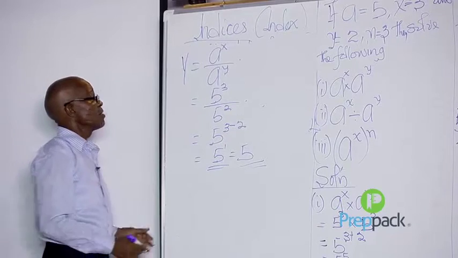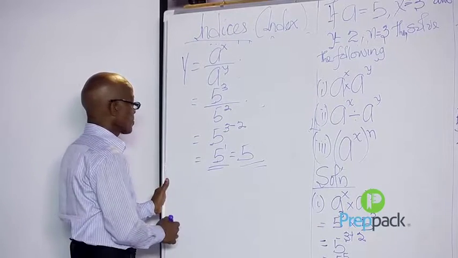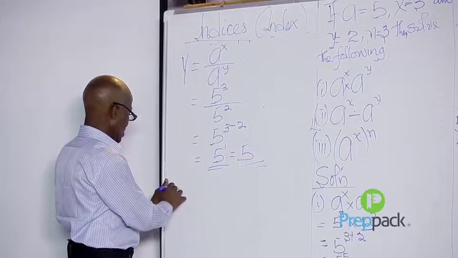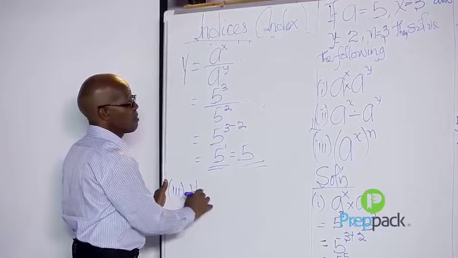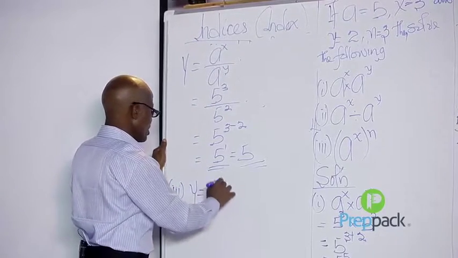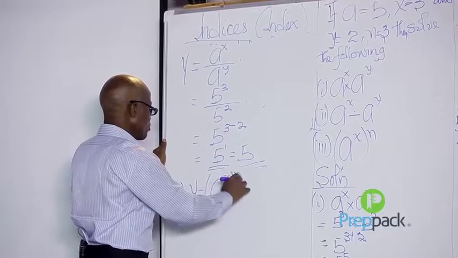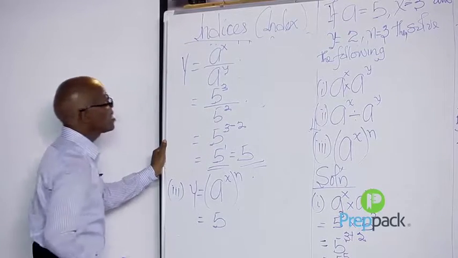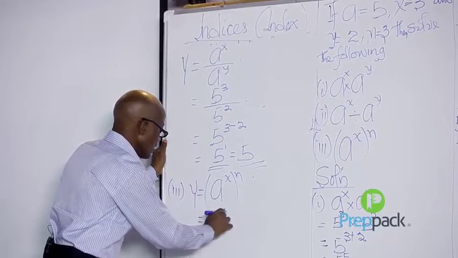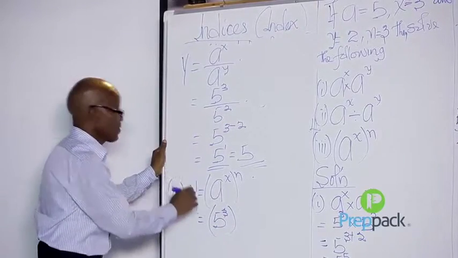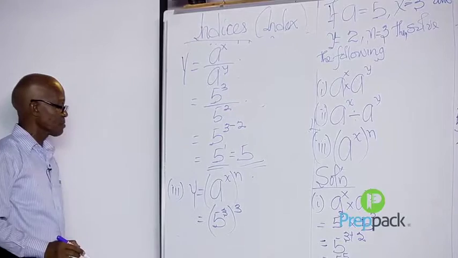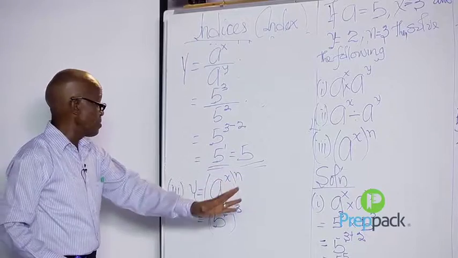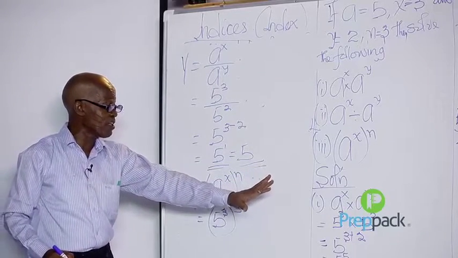Okay. Now, example 3. We have y being equal to a raised to power x, everything raised to power n. This equals 5 raised to power 3, everything raised to power 3 also, n is equal to 3. Let's make this very clear.